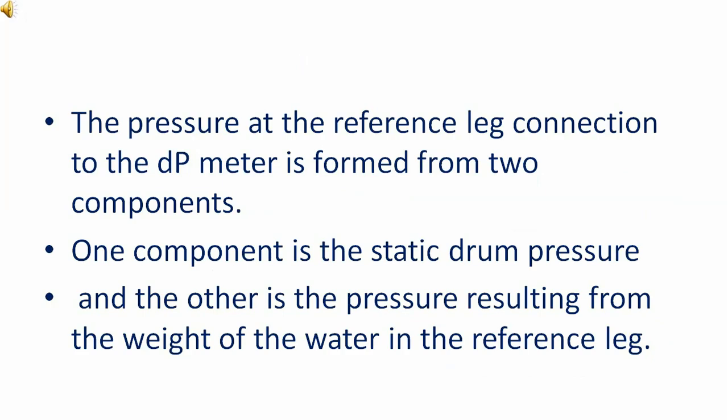The pressure at the reference leg connection to the DP meter is formed from two components. One component is the static drum pressure, which we also call saturation drum pressure, and the other is the pressure resulting from the weight of the water in the reference leg.